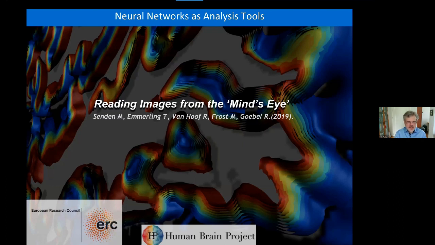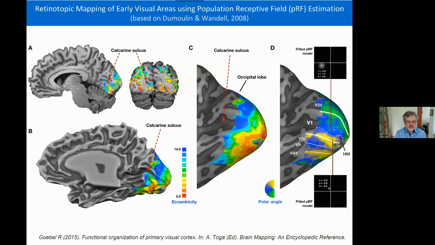In the first encoding step, we used conventional standard retinotopic mapping in visual cortex using the so-called population receptive field approach from Dumoulin and Wandell. We used that approach to obtain a mapping from positions in the visual field to locations in visual cortex, especially in areas V1, V2, and V3.